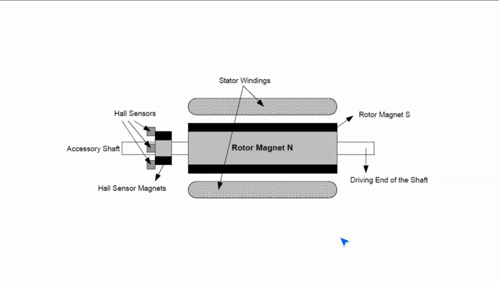Whenever the rotor magnetic poles pass near the Hall sensors, they give a high or low signal indicating the N or S pole is passing near the sensors. It's interesting.